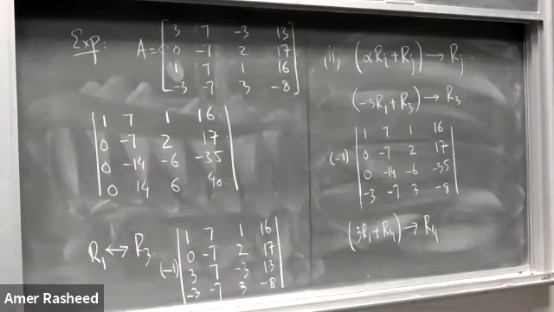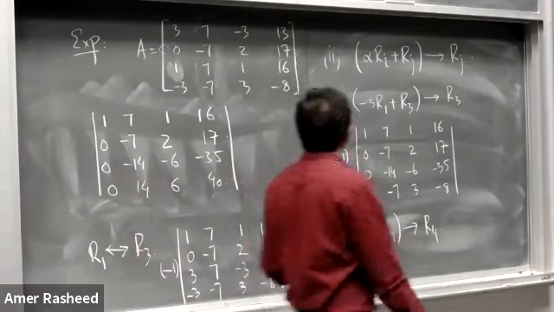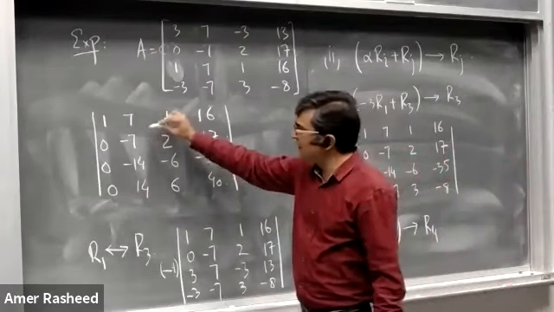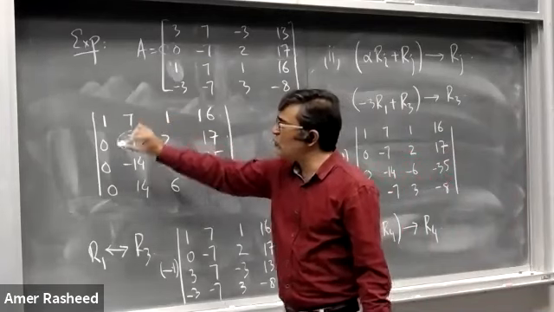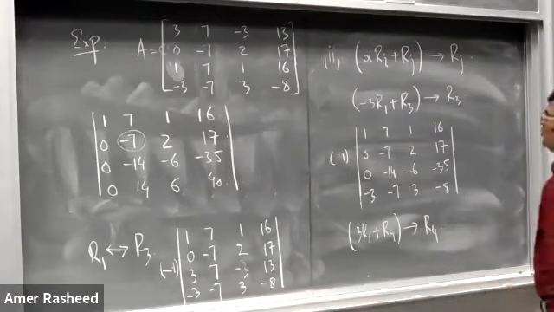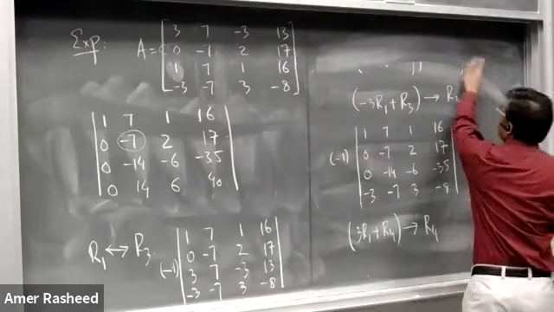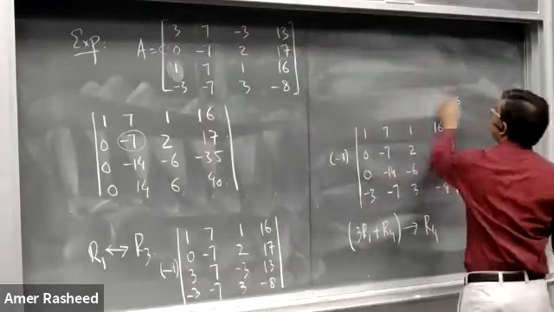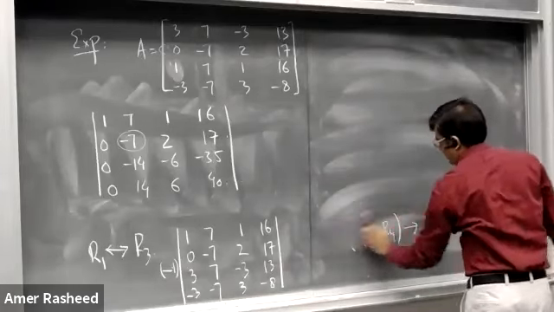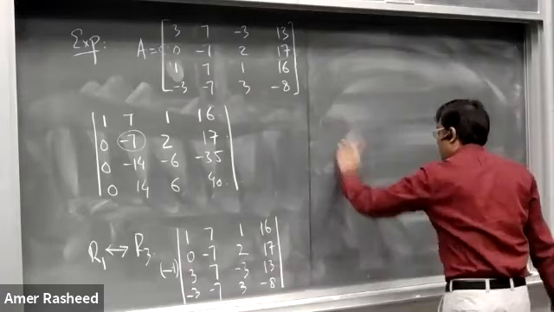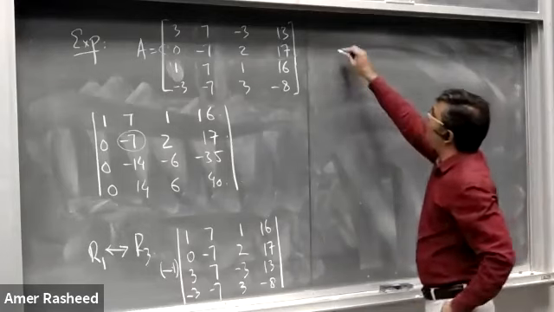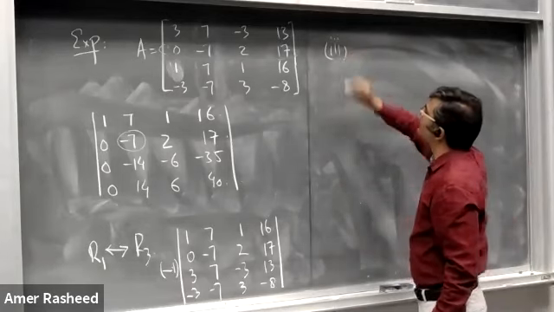Okay. Now, what next? What we are going to do now? We are going to make this entry 1. Now, the third elementary row operation, which is allowed in the determinant, is this one, third one.